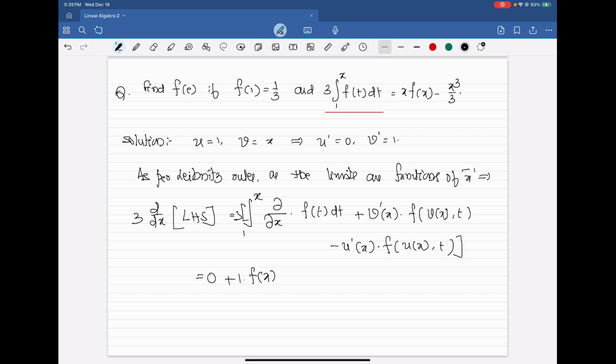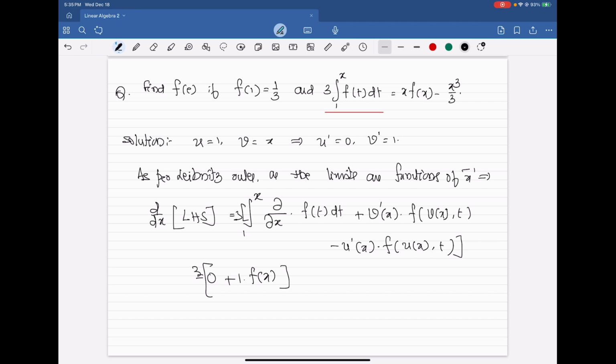We have to multiply with 3 because the left hand side is multiplied by 3. Here we need not write it because the left hand side we have already written here. This is multiplied by 3.